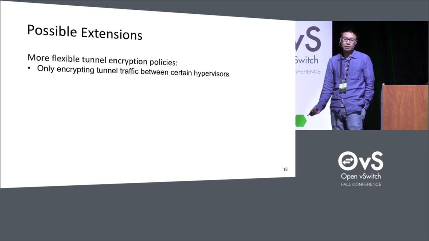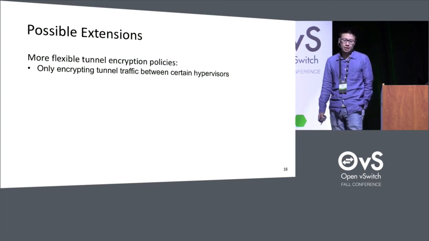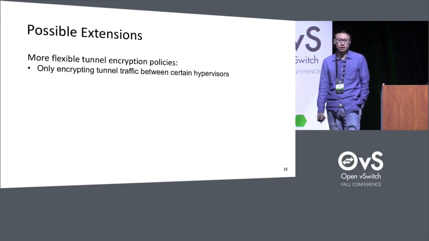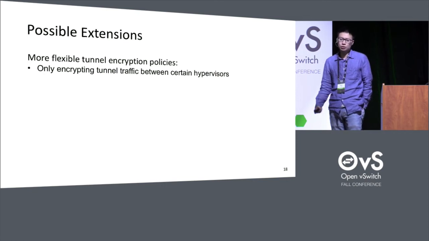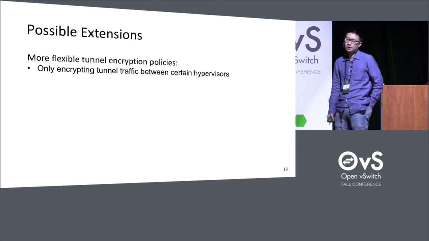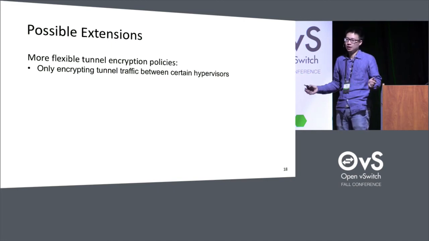Basically, we can have more flexible tunnel encryption policies. The administrator can say we only want to encrypt the tunnel traffic between certain hypervisors instead of all hypervisors in OVN, for example only the hypervisors sitting in different data centers.